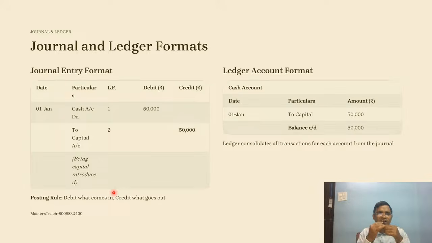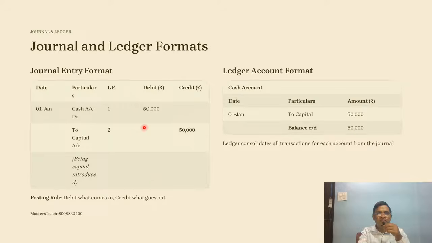Then journal entry. How do the journal entries happen here? For example, 1st January, the cash is debited 50,000 to the capital account. Okay, so debit 50,000 and credit what? Capital account. Being capital introduced. So debit what comes in, credit what goes out.